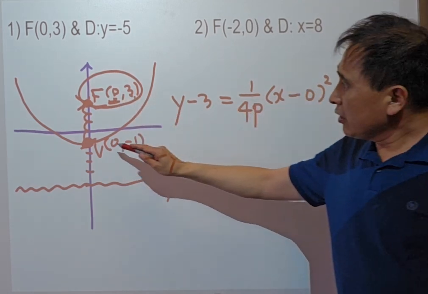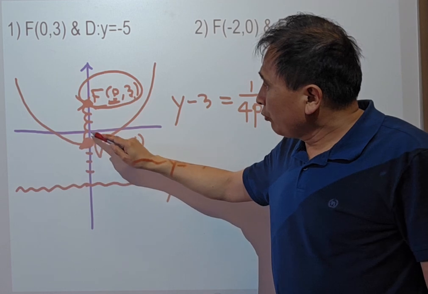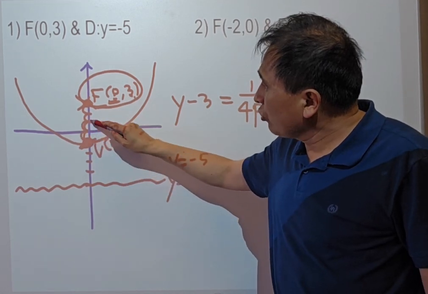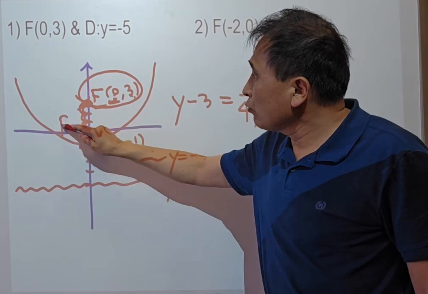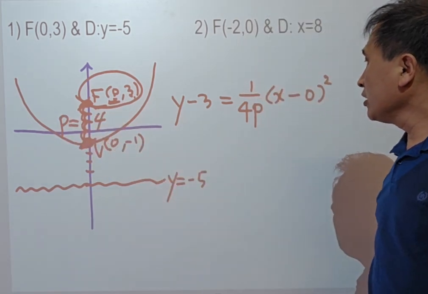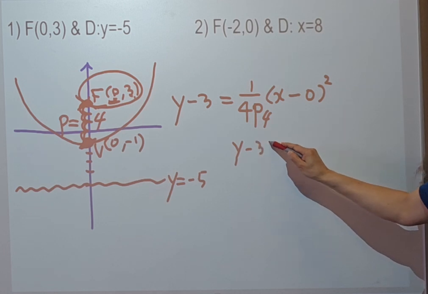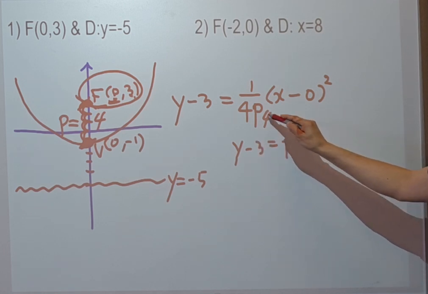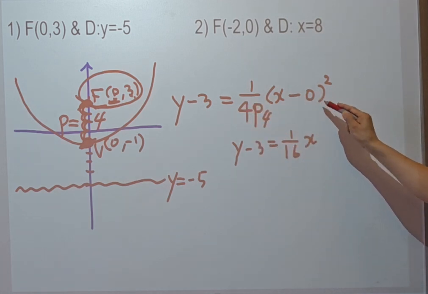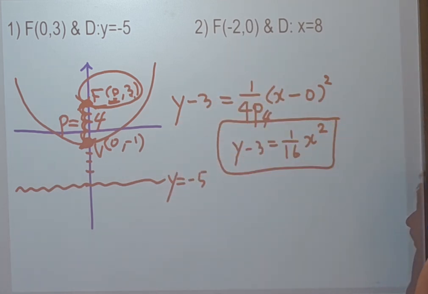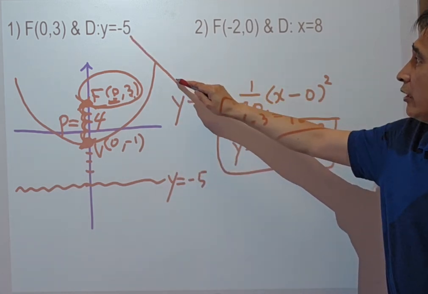P is from the vertex to the focus, 1, 2, 3, 4. That's P. So P went up 4. That's +4. So P is 4 right here. So y -3 equals 1 over 16, because P is 4, times x squared, with x at 0, you don't need to do it. So this is the equation of this parabola with the given focus and directrix.